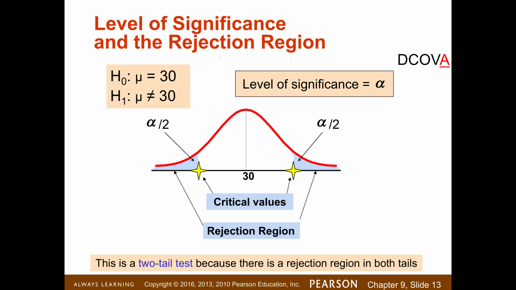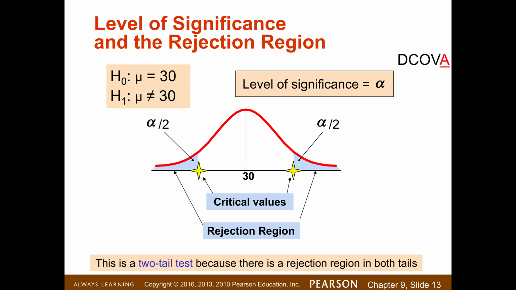And in this illustration right here, where there's a hypothesized value for a population mean of 30, if we get a mean that is to the right of the yellow star, that's to the right of 30, or to the left of the yellow star, that is to the left of 30, we fall in the rejection region.